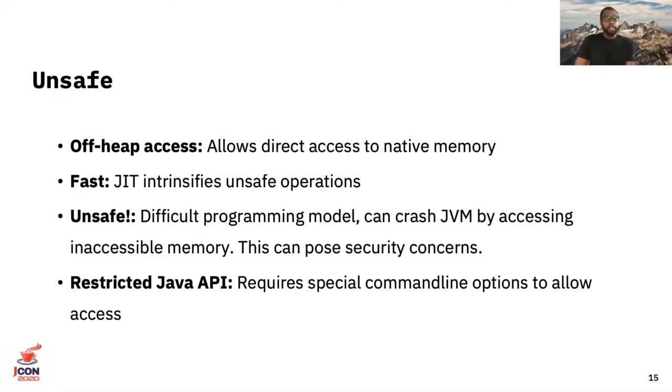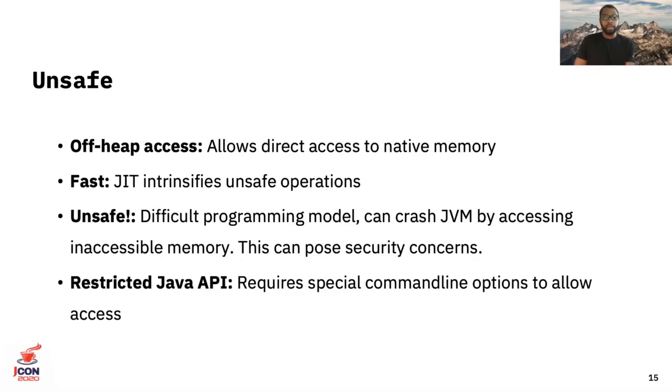So as I mentioned, Unsafe is one of the tools people use to avoid the marshalling costs, as it allows you to allocate memory off heap directly. Unsafe is very fast because the JIT basically intrinsifies unsafe operations, so it's lowered down to actual machine instructions. But like with any other pointer-based programming model, it's a difficult model to use.